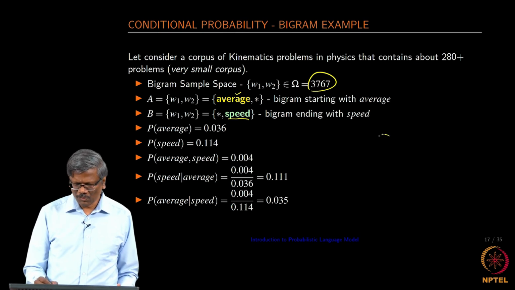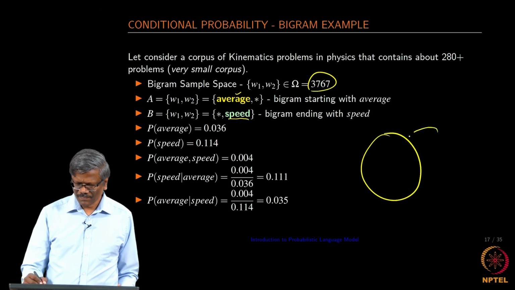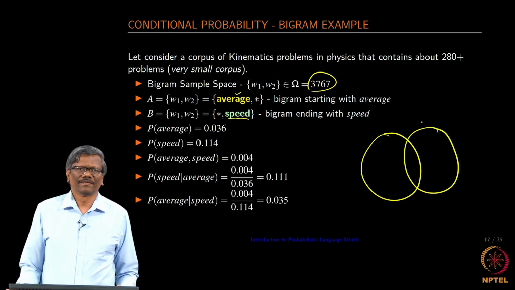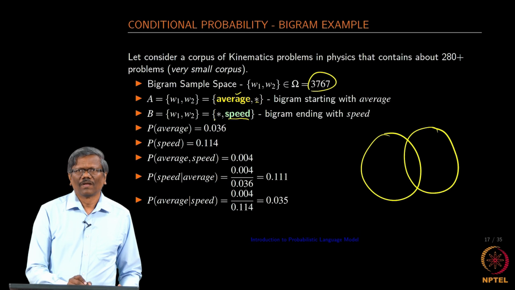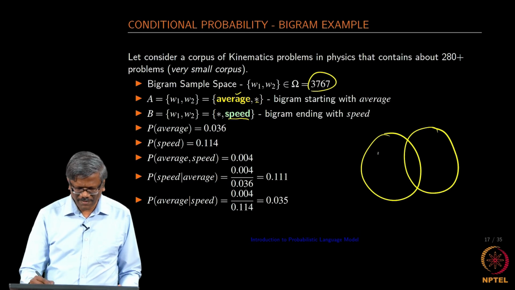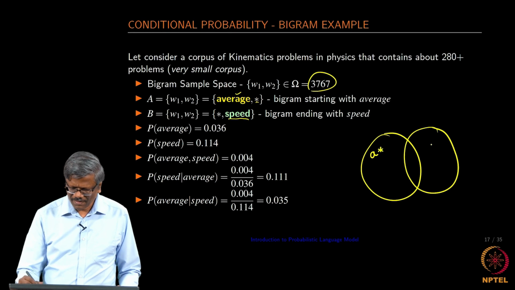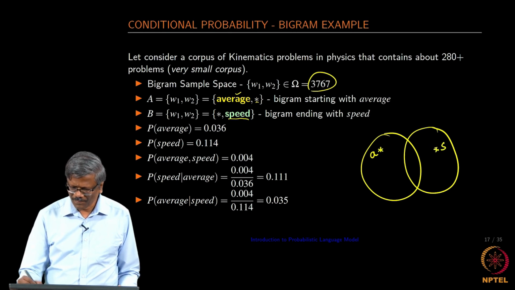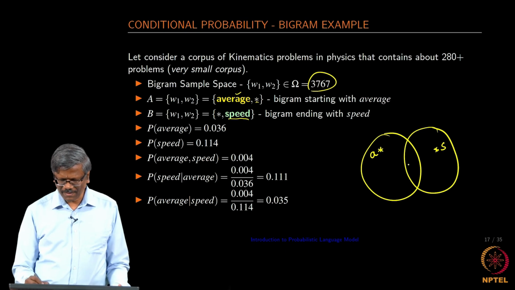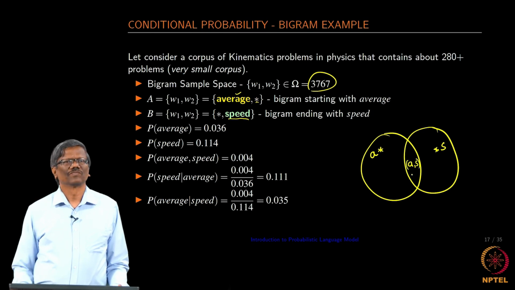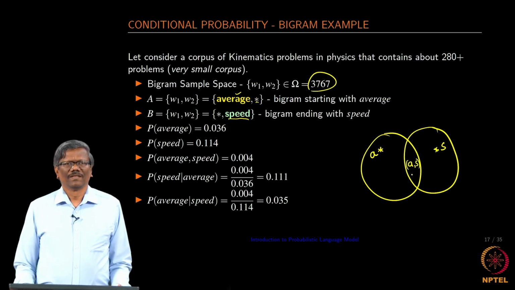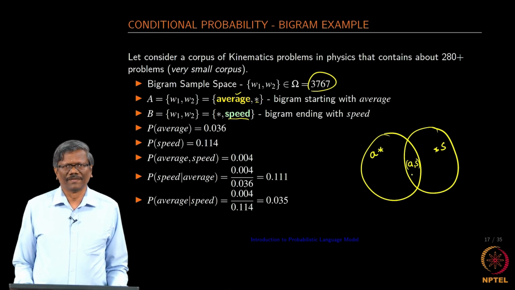When you have two such sets, there is a possibility that average speed occurs in both. Let us assume this is the average-star set and this is the star-speed set, so there is a chance we get A and S here. Since this is a kinematics corpus, there are situations where these two words are available together.